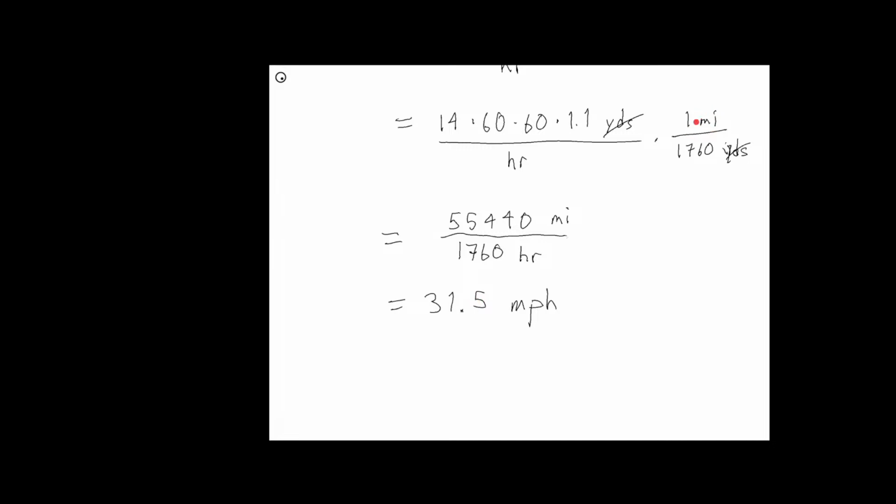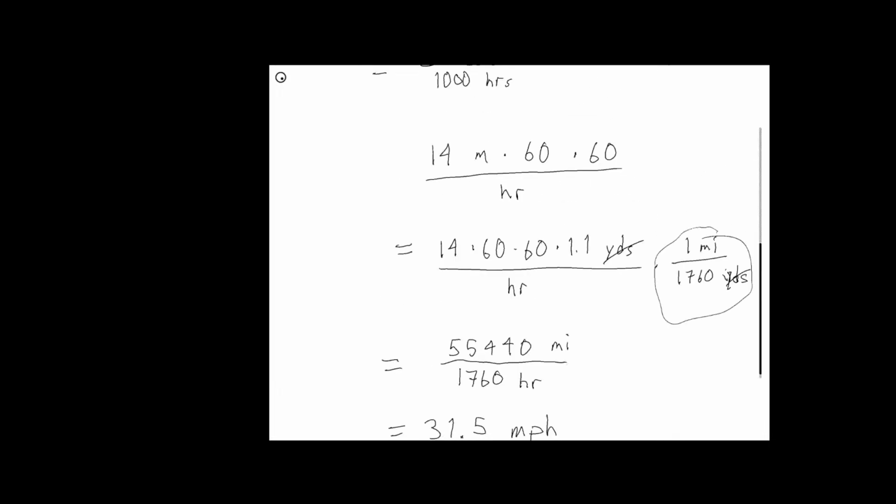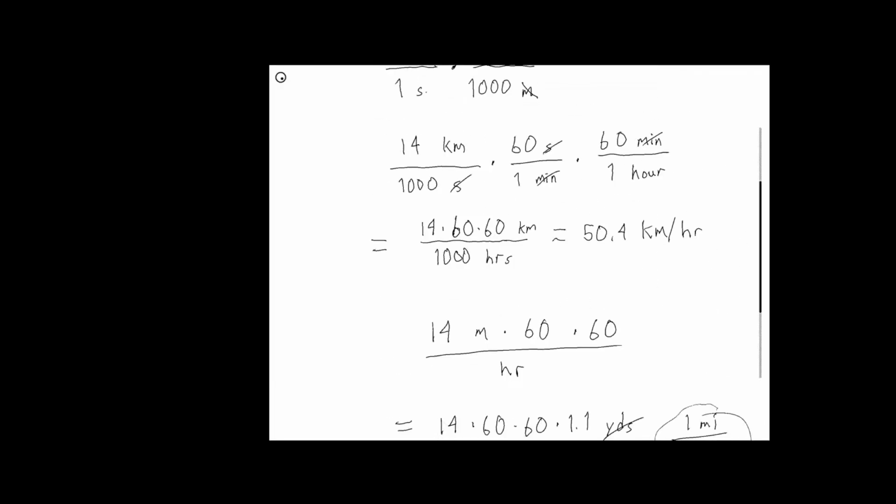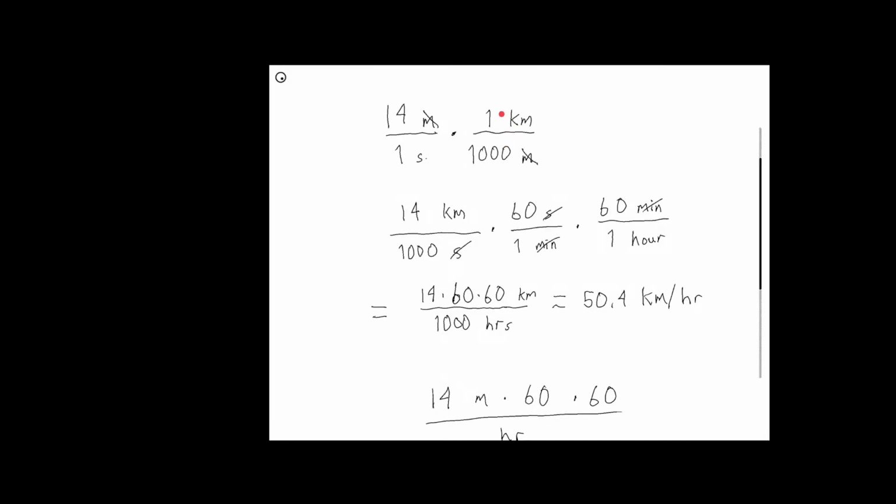So knowing the rules allows us to construct these fractions where we can cancel out units and we can do conversions that we want. So this is just equal to 1 because 1 mile is the same as 1760 yards. Going back up to the top here, 1 kilometer over 1,000 meters, this is just 1 because 1,000 meters is 1 kilometer. 60 seconds over 1 minute is just 1. 60 minutes in 1 hour, these are the same, so this is just 1, right?